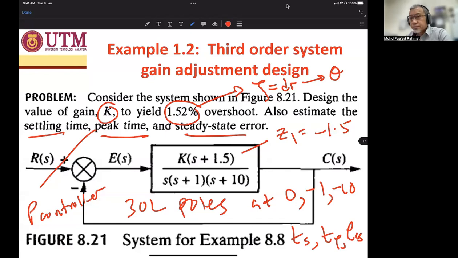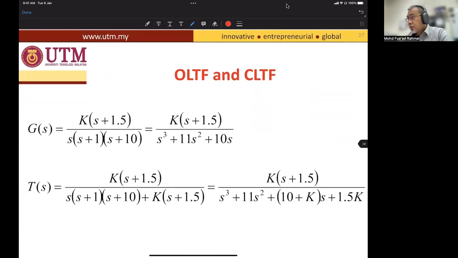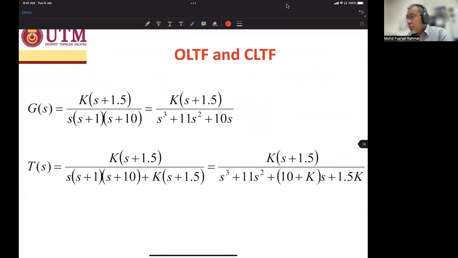The open loop transfer function is given here: K multiplied by S plus 1.5, over S plus 1 and S plus 10.